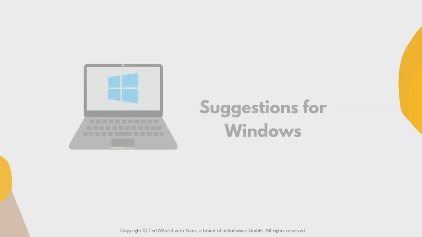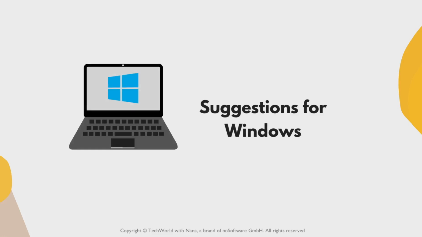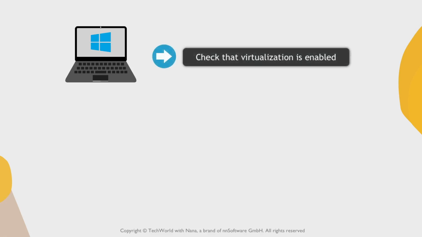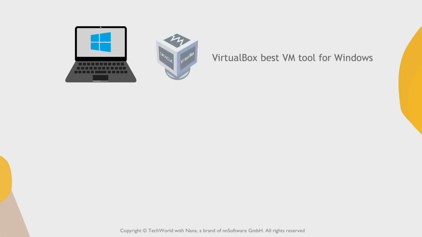If you're on a Windows machine, and the demo that I'm showing you is not working for you, first of all, please make sure you have virtualization enabled in BIOS. I will leave the resources below where you can see how that works for different Windows versions. And VirtualBox is actually the best VM tool for Windows. However, you will need some resources on your computer.